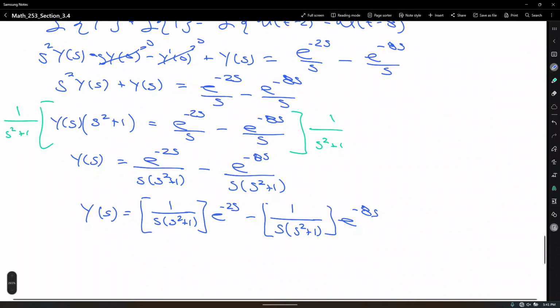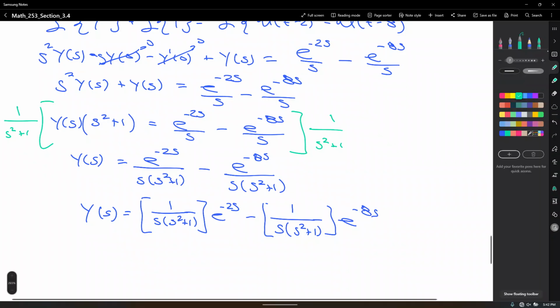Do you see the rational function multiplying both of the exponential functions? It's the same, so we just need to work with one. So how is that going to work?